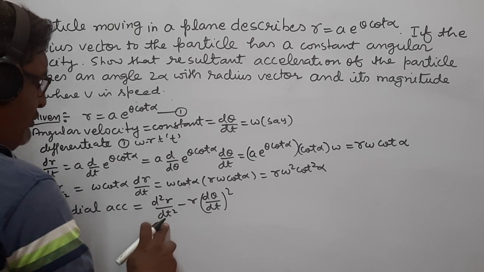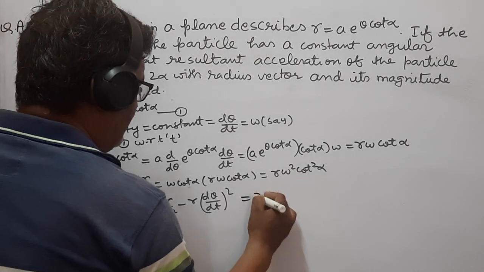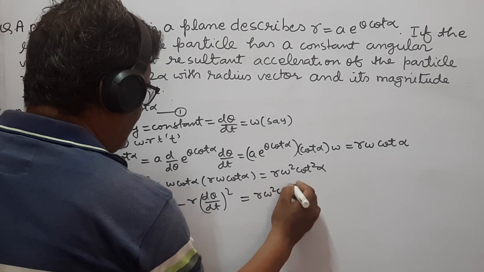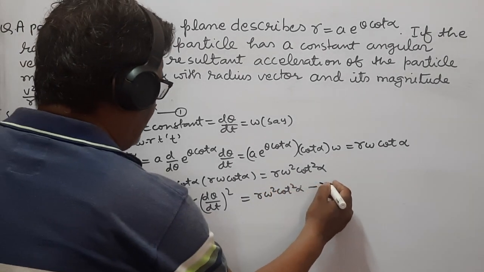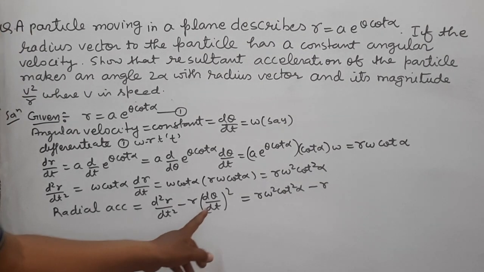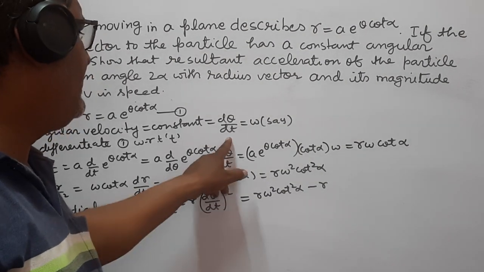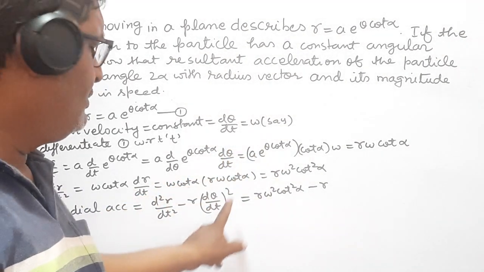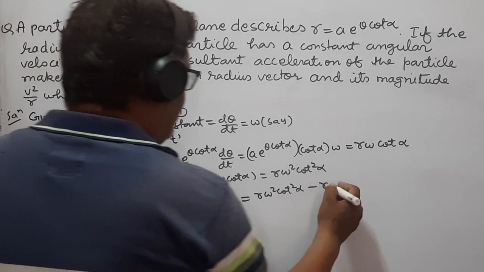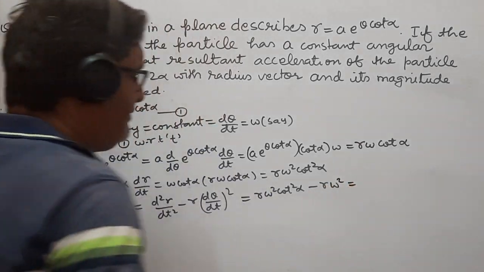Now we put here value of d2r by dt2. This is r omega square cot square alpha minus r. And we know that d theta by dt, this is the angular velocity which is equal to omega. So we put here omega.